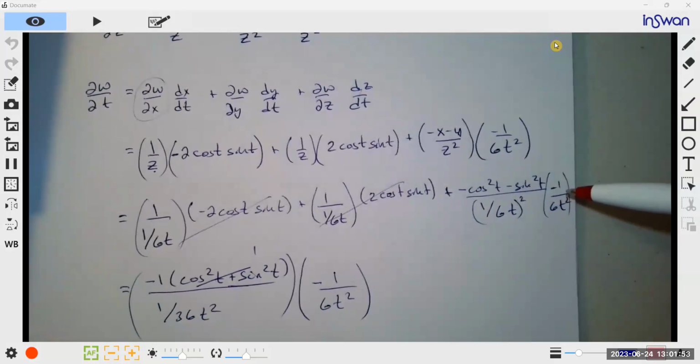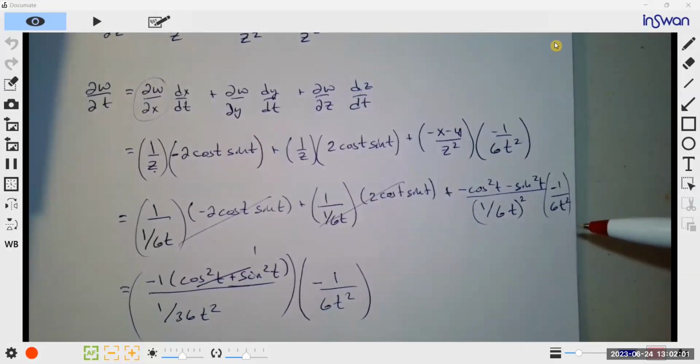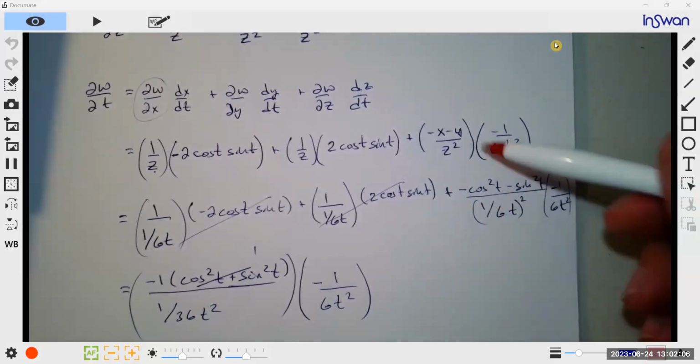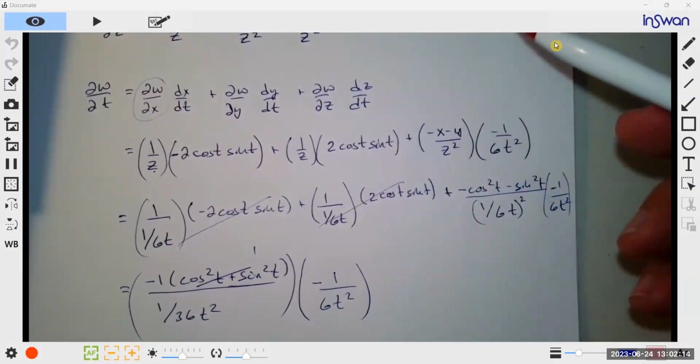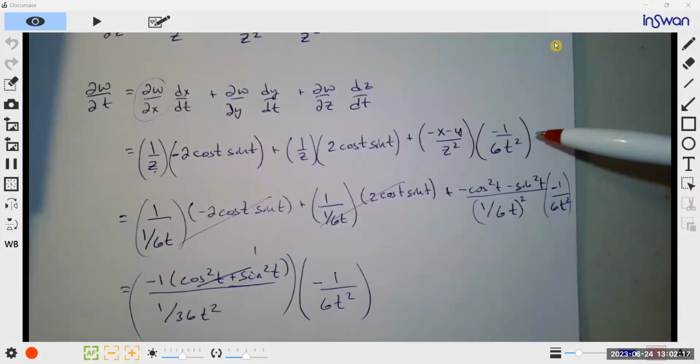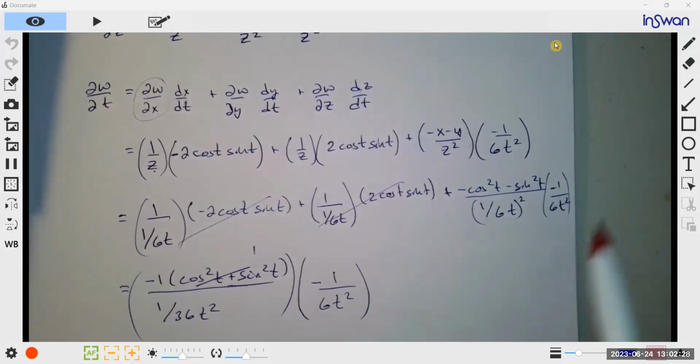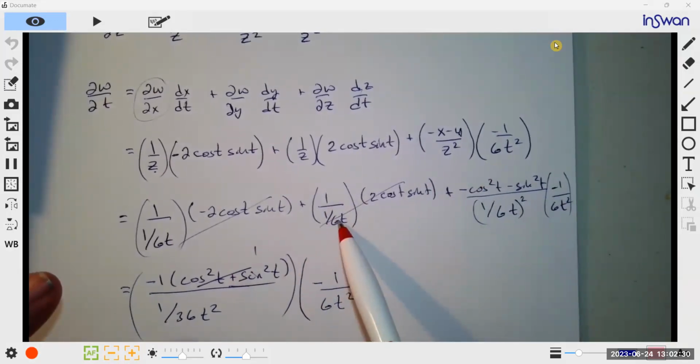Okay, let me see if I wrote that correctly. Negative x over z squared, 1 over 36t squared. And these two cancel.